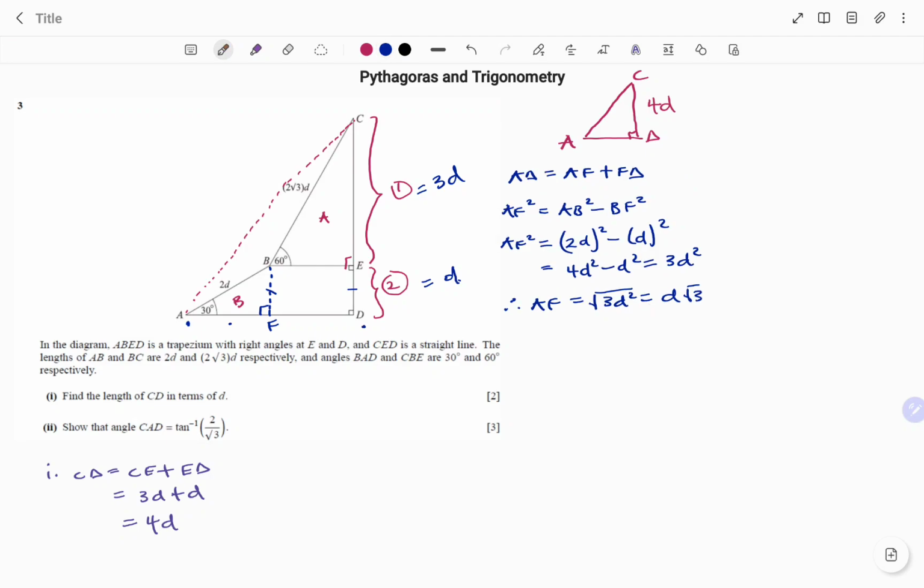Likewise, to find FD, the line FD is equal to the line BE. So therefore, I know that FD is equal to the line BE. So using the triangle as shown, that's triangle CBE, I'm going to have BE squared, which is the same as FD squared, equals, using the Pythagoras theorem, CB squared, which is the hypotenuse, minus the opposite, CE squared.